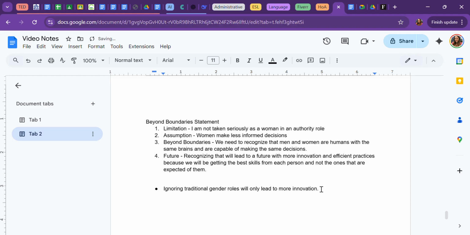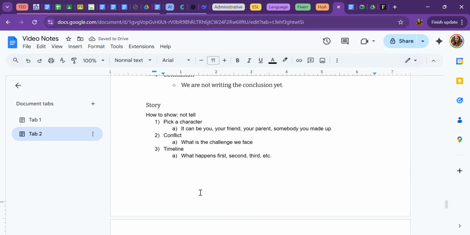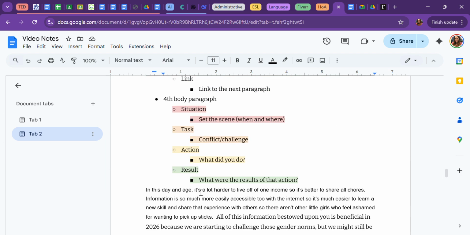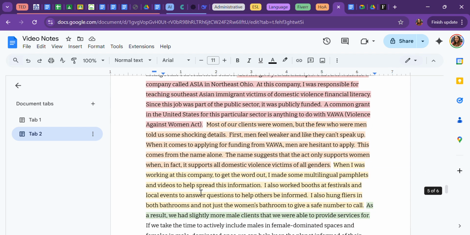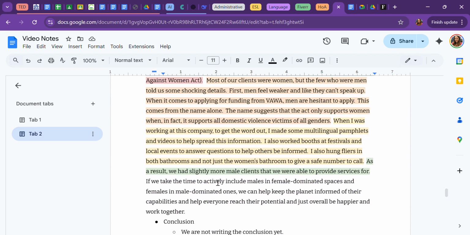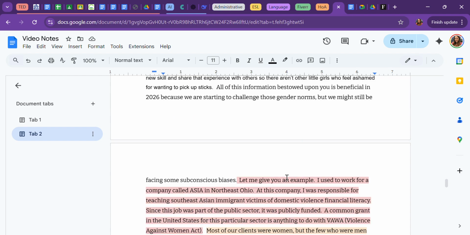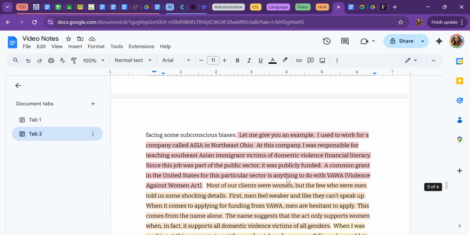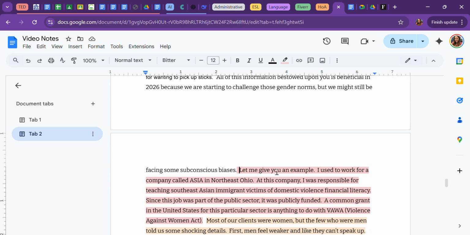So this is now a sentence that I got to stick somewhere in my TED Talk. I feel like it's going to fit really well in my 4th body paragraph. So I feel like it'll go good.